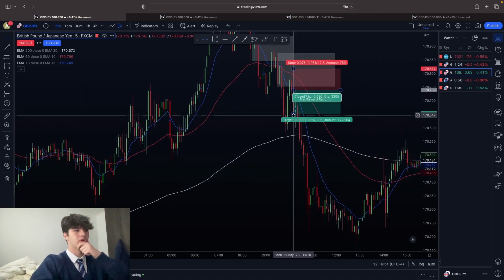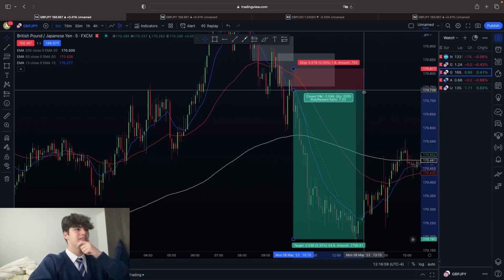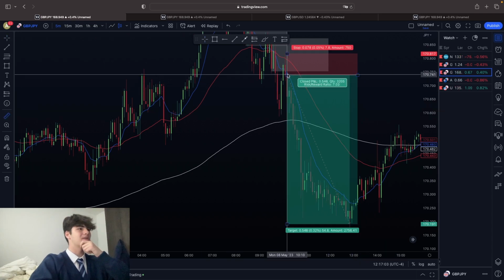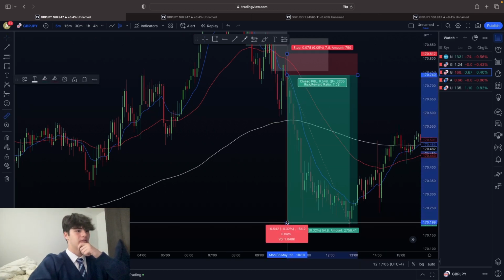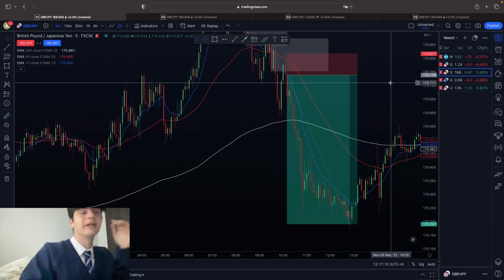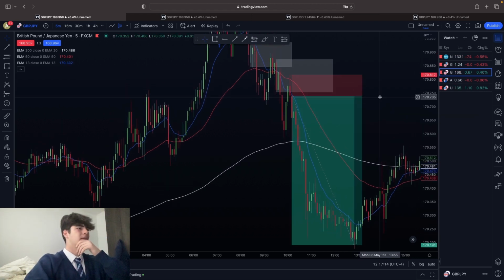If I had just let this run, this could have been a 1-to-7 trade, around 54 pips that I could have caught if I just let it run, but I did not.